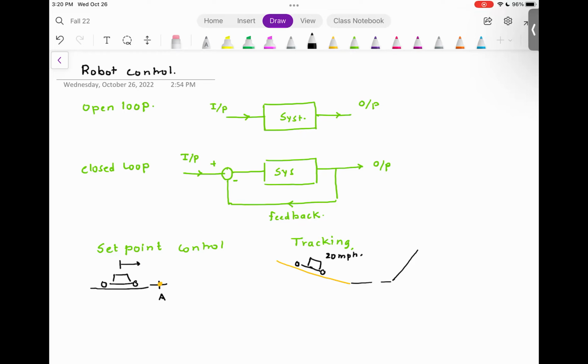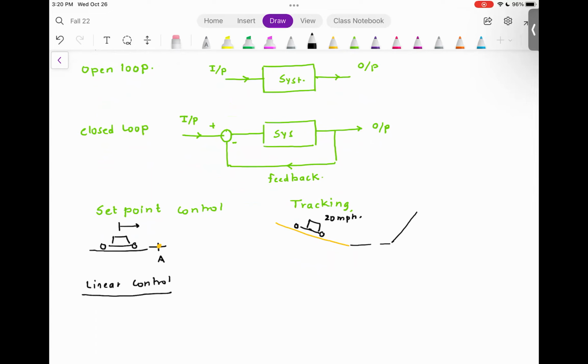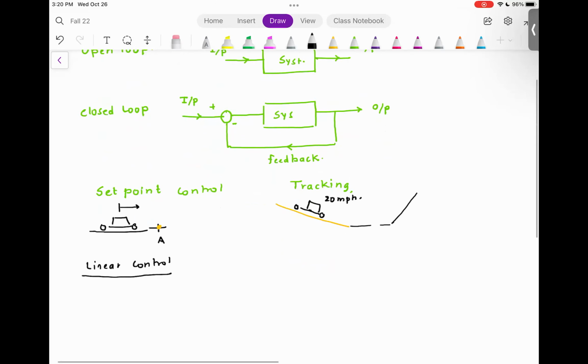And now what I want to tell you is in this class, we are going to focus more on linear control. And at the end of the day, linear control, whether you study the control in PID as PID controls or you look at state space, the fundamental idea is the same. We talked about this, but I just want to emphasize this concept.